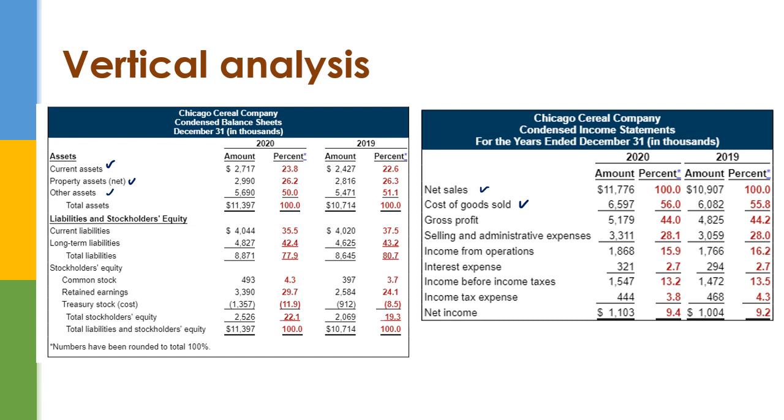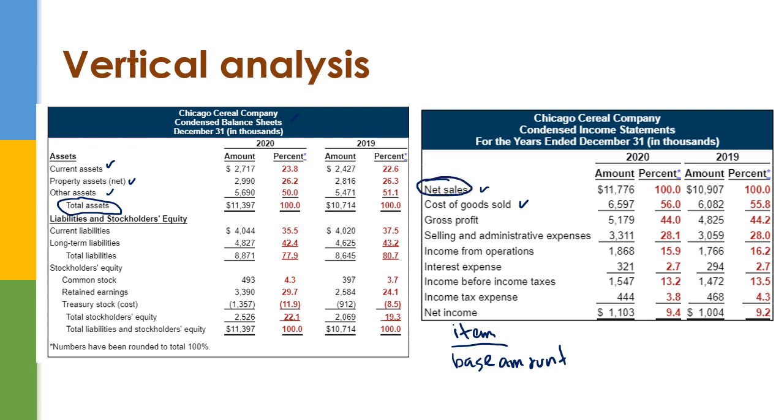So the formula is the item that you want to analyze divided by the base. For the balance sheet, the base amount is the total assets, while for the income statement, the base amount is net sales.